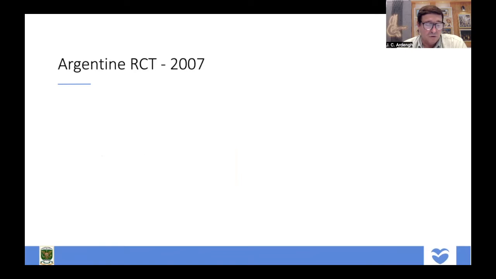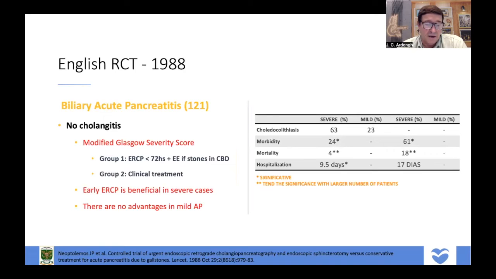The authors concluded that ERCP plus endoscopic sphincterotomy is beneficial in patients with severe acute biliary pancreatitis, and that it had no advantage in patients with a mild episode of acute pancreatitis.